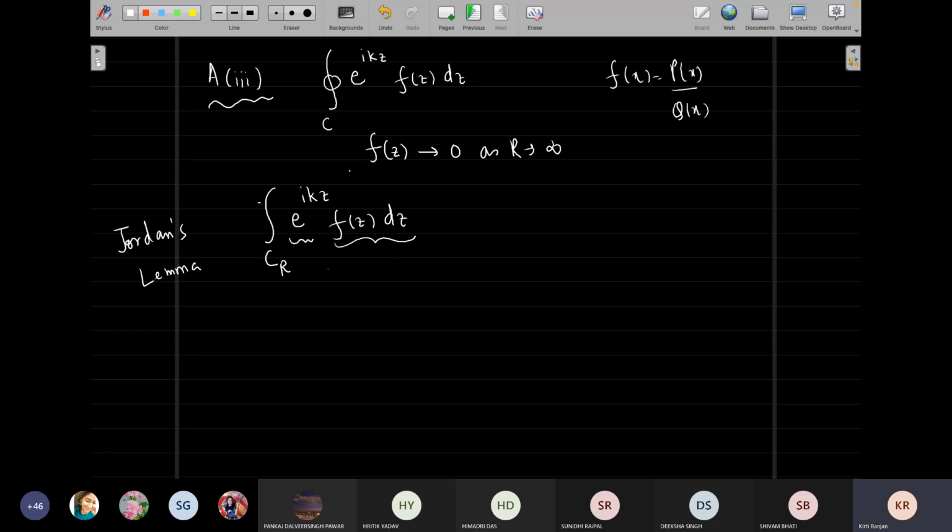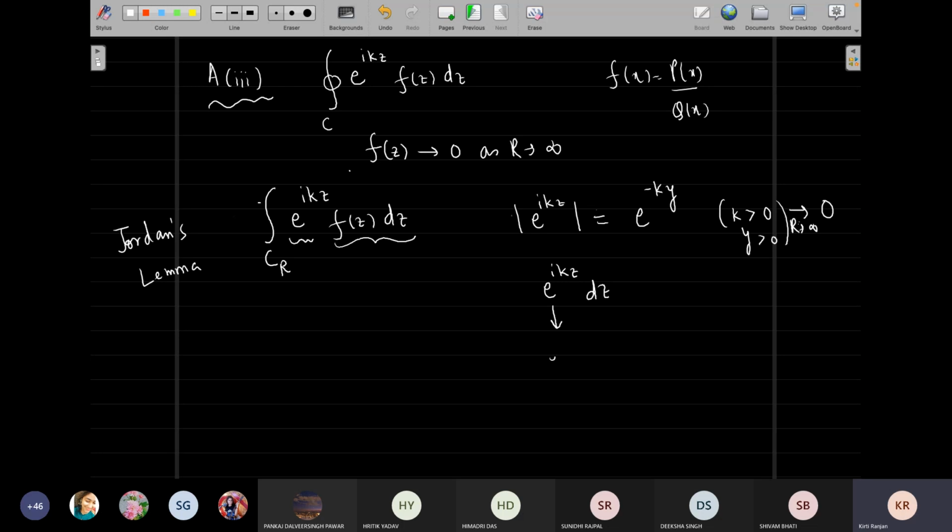Because when I am talking about this e^{ikz}, remember this e^{ikz} goes like e^{-ky}, which for k greater than 0 and y of course greater than 0 goes to 0 exponentially as r tends to infinity.